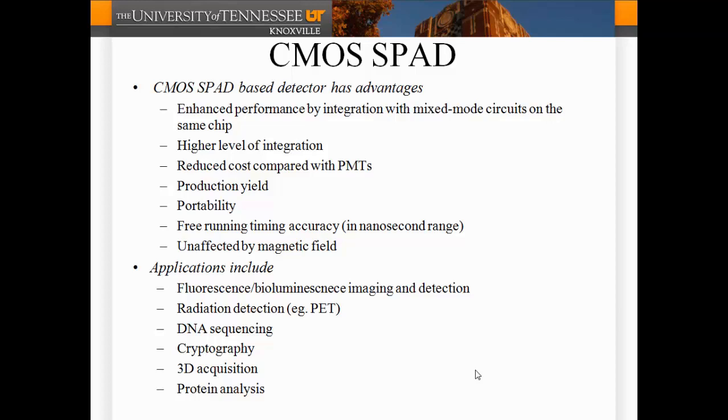So CMOS photodiode-based SPAD stands for single photon avalanche detector. The way it works, it is a reverse bias PN junction with very high voltage. It is usually used in Geiger mode operation, where the reverse bias voltage is exceeding the breakdown voltage of the PN junction.